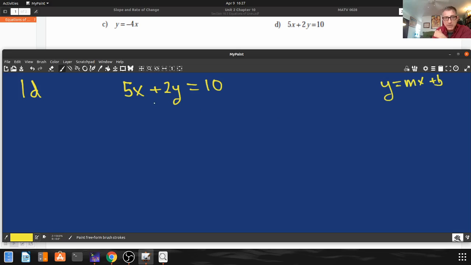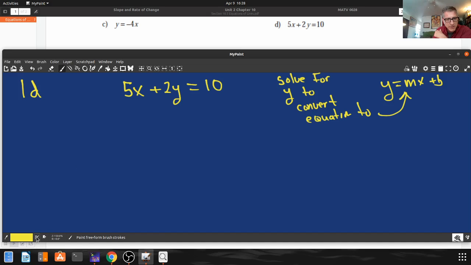So what I have to do is I have to solve for y to convert the equation to this form, the y-intercept form. So let's do that. That's not so bad.